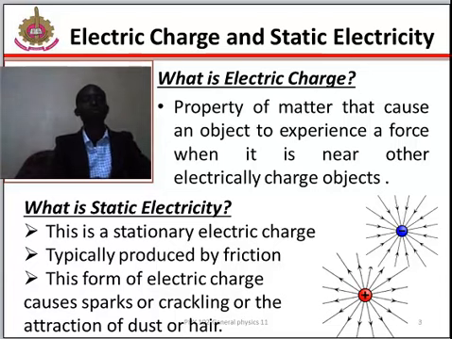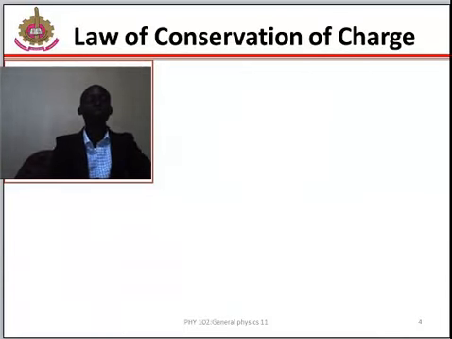Now let us talk about laws of electric charge, conservation of electric charge. Just like positive and negative numbers can cancel out, positive and negative charges can do the same thing. In fact, it turns out that everything in the universe is essentially composed of positive and negative charges, but in equal amounts. For example, you are composed of a whole bunch of electric charges.